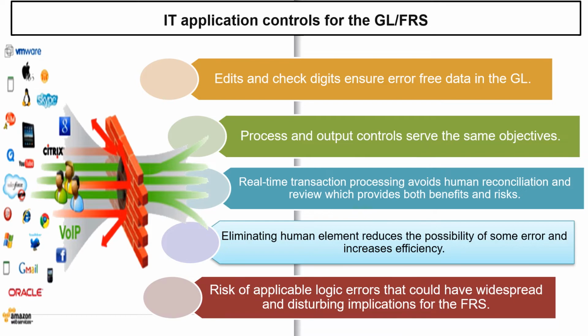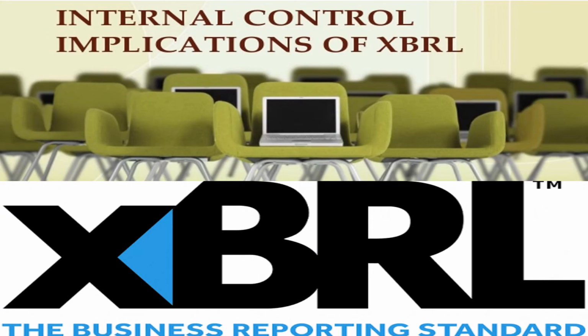the control of the logic. Okay, so now we will move on to talk about the internal control implications of XBRL. Since we talk about XBRL as the process of output, it's kind of the communication and exchange of financial information.